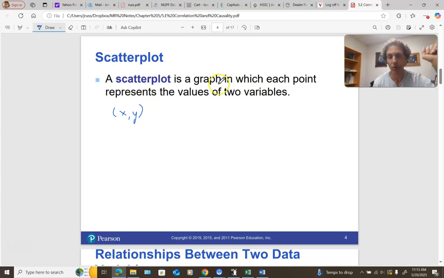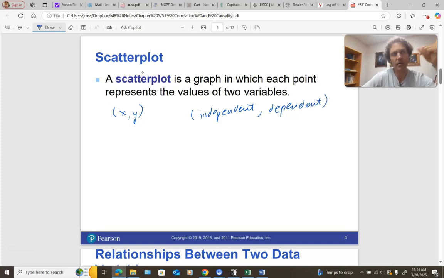Very similarly, when we're talking about variables with these correlations, you can think about x as being what we're going to call our independent variable, and then y will typically represent our dependent variable.